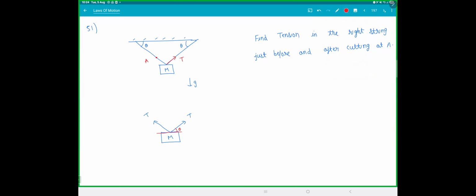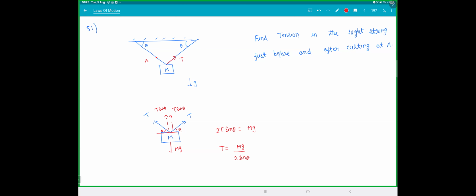This was theta. This was theta. So the vertical components will be T sine theta and T sine theta. And this was mg. So 2T sine theta was mg. So this was the tension before cutting: mg by 2 sine theta.